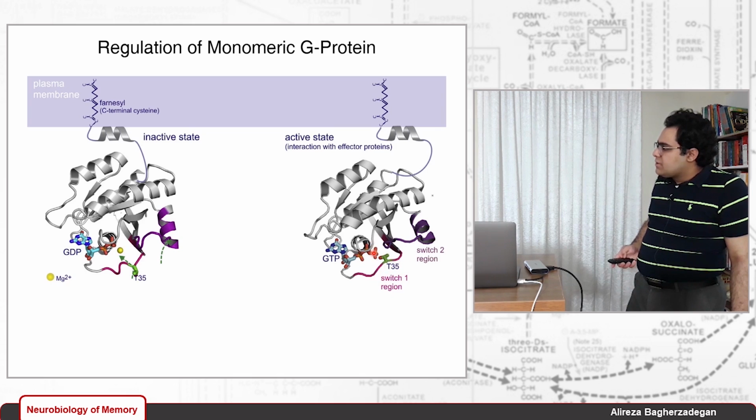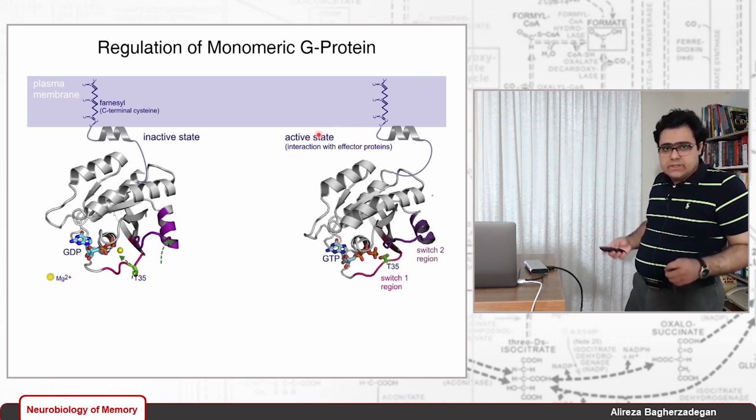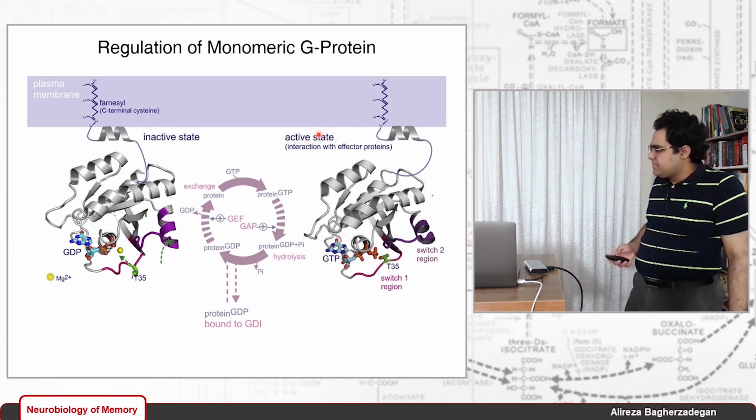It's now closer, forming a bond with the last phosphate, and also the switch 2 as well. And now it can interact with effector proteins. That's why we say that it is in the active state.